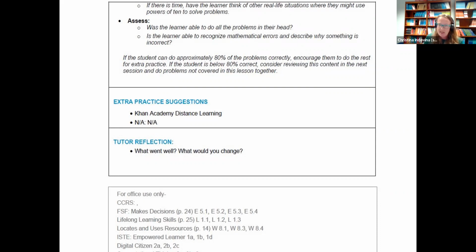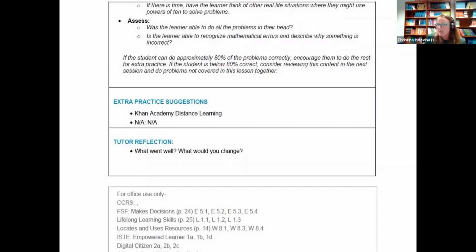If they can't do them to 80% accuracy, that is your cue that in the next lesson you might need to review, or tell the student, hey, it's time for extra practice. Do you have time this week to work on this on your own? Go back and do the problems again in your book, or hey, here's Khan Academy. This is how you can find this.